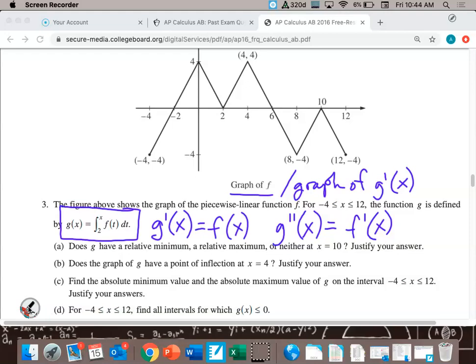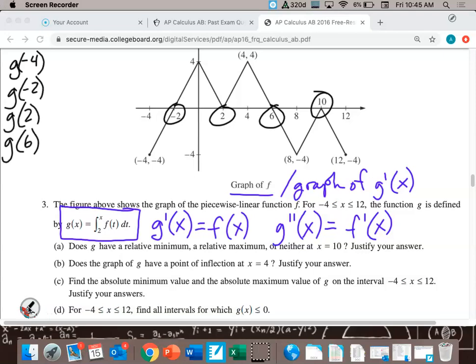Is G prime ever undefined? So our critical numbers would be -2, 2, 6, and 10. We have a lot of testing to do. So we have to test G of -4, G of -2, G of 2, G of 6, G of 10.